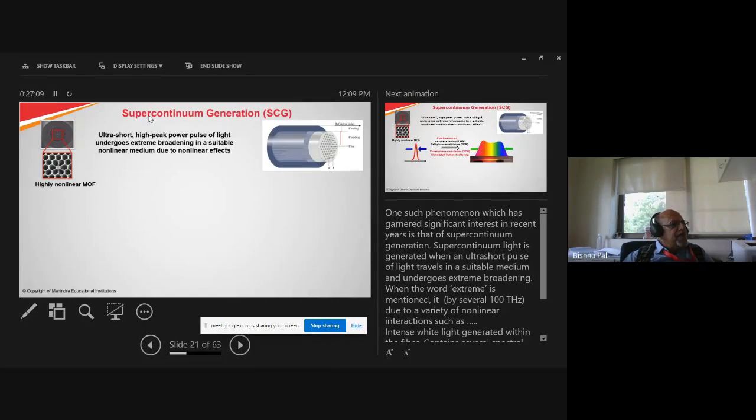Now, in the photonic crystal fiber, you can create a very strong nonlinear optical medium by having a choice of your structure. For example, here is a highly nonlinear fiber shown at the left. It shows that you have a central solid region surrounded by big sized holes.